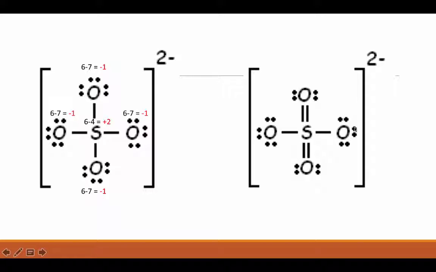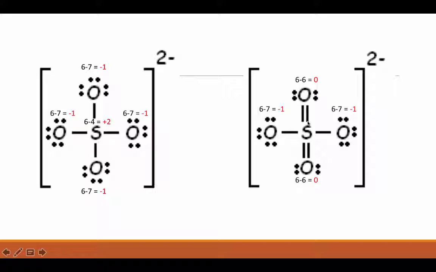Again, these 2 oxygens have the same structure as the ones we saw before, so they'll each have -1 formal charges. However, these oxygens, again, start with 6 valence electrons and now have 2, 4, 5, 6. So each of them will have a formal charge of 0, since 6 minus 6 is 0.